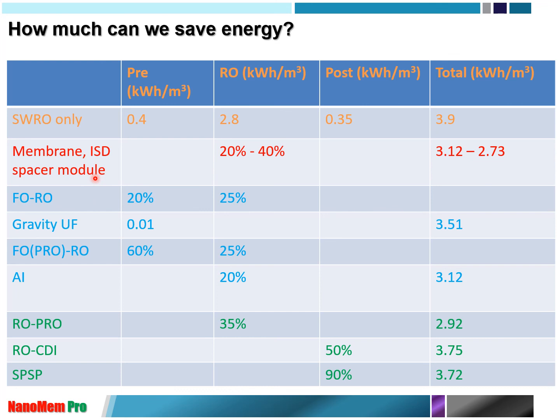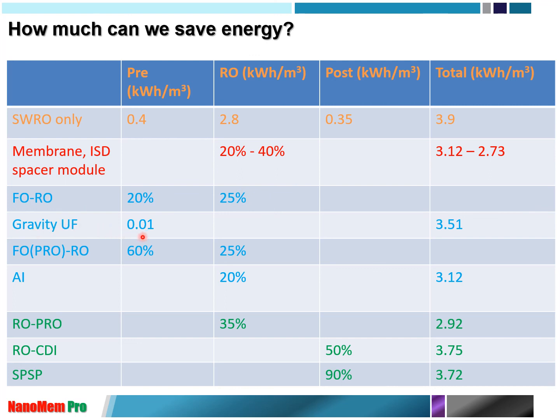When you apply membrane and spacer, you can achieve 20 to 40% saving overall, which will have 3.1 kilowatt hour per cubic meter. FO-RO 20%, 25% saving.